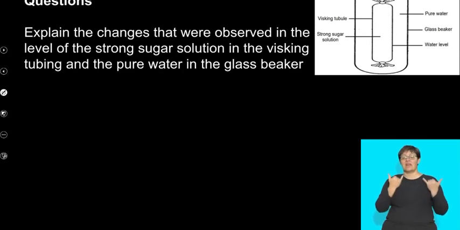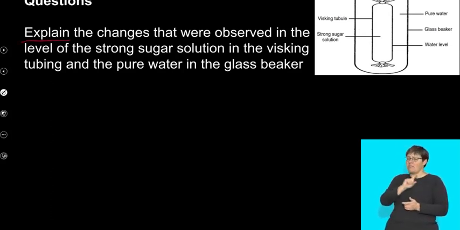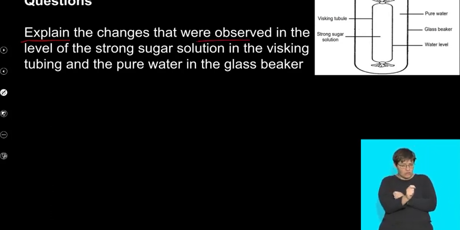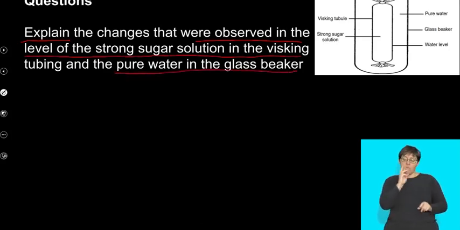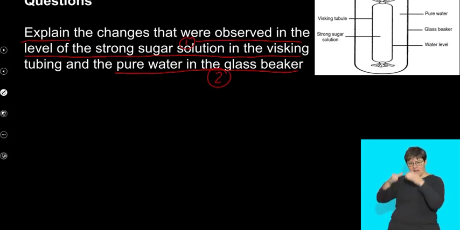Now I have to explain why the changes were observed in the level of the strong sugar solution in the visking tubing and the pure water in the glass beaker. Okay, guys, two things they want. Let's break it down. What did you notice about the sugar solution, and what did you notice about the water in the glass beaker?